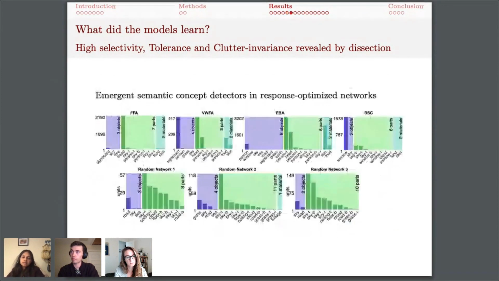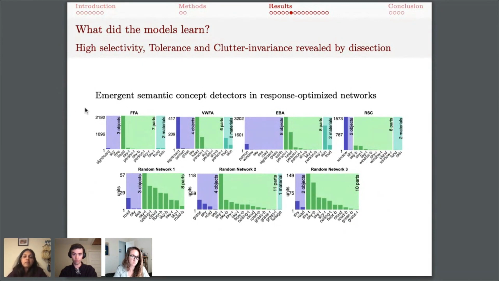And we also looked at the number of unique detectors that emerge in each of these response optimized networks. That is the number of units in the voxel layer that showed high alignment with a particular semantic concept. Unlike object recognition networks, which are trained with explicit label supervision and which show a broad variety of detectors, we see that the units in these response optimized networks are very specific and aligned with the previously hypothesized functional role of these ROIs.